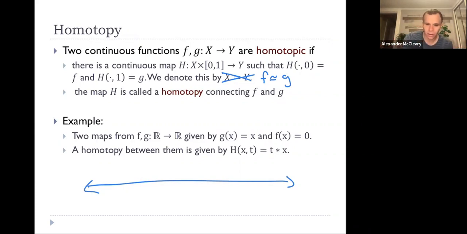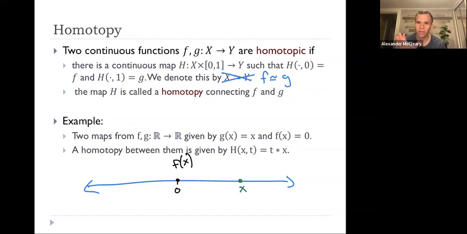It does nothing. But then F of X takes every point on the real line to 0. A homotopy between these two functions should be a path between the two functions. So if I pick a point X here, G of X is equal to X, but F of X is equal to 0.